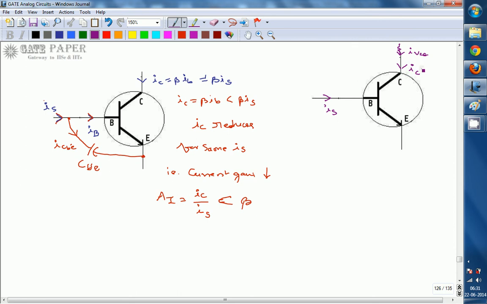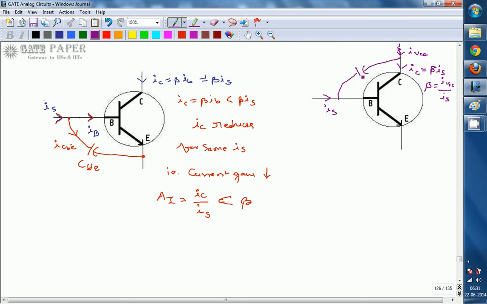So IC is equal to beta times IS. Whenever there is no capacitor across this one, this entire current is the collector current, so beta will be large. IC is I VCC divided by IS, so that is large if there is no capacitor.